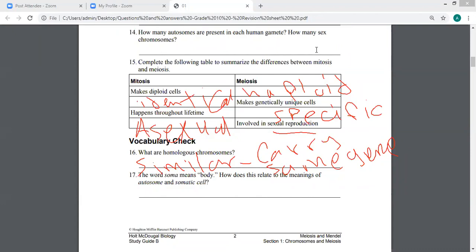Anyone say something? Okay. Autosomes are not directly related to the sex of the person, but direct the development of body traits.